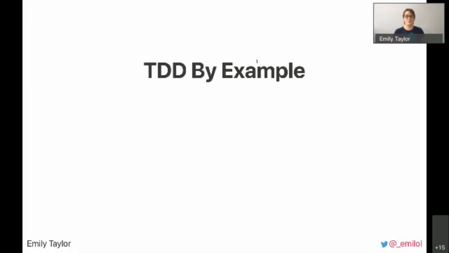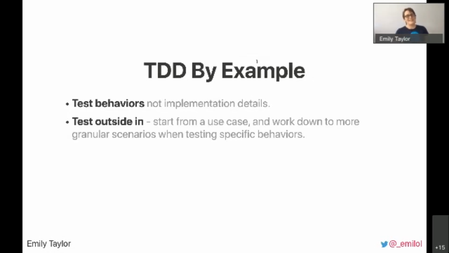But some of the broad strokes that TDD by Example goes through is test behaviors, not implementation details. Test from the outside in. This one I'm super passionate about. Start from your use cases and only work down to the more specific granular test cases when you find more specific behaviors to test.